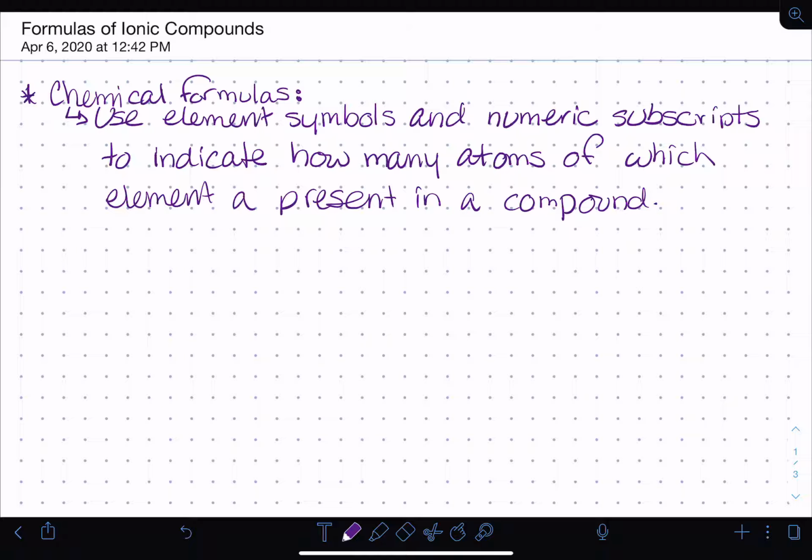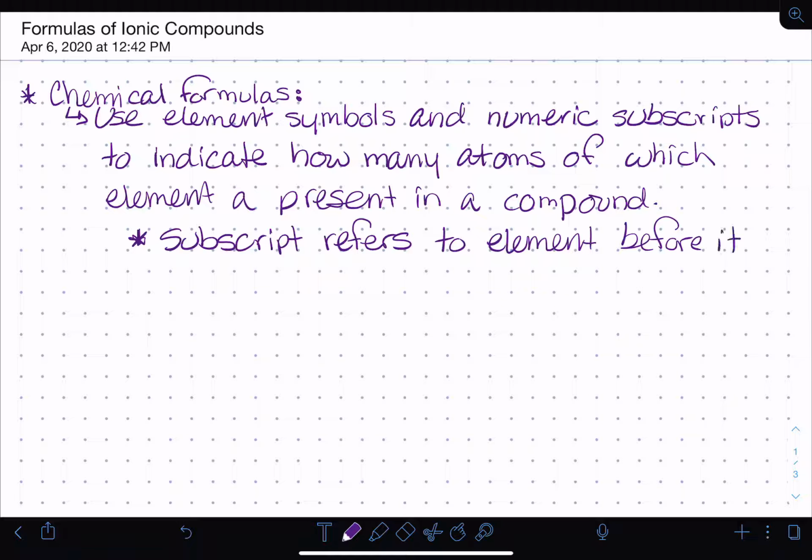And one thing that's really important to remember is that the subscript, the numbers, refer to the element before. So, for instance, H2O is a formula I know you're all familiar with.